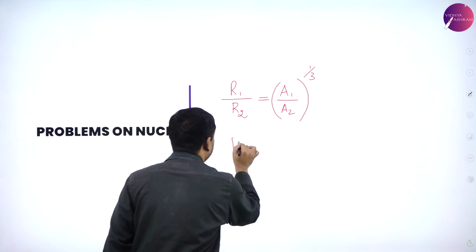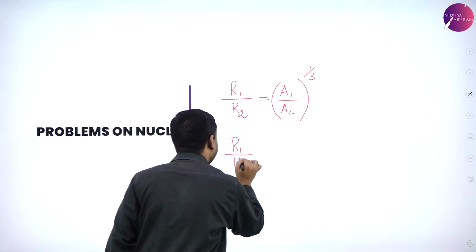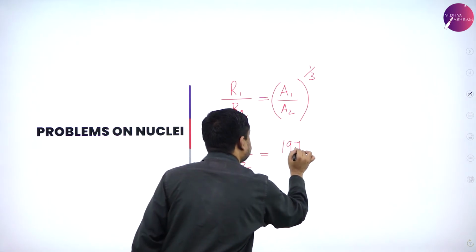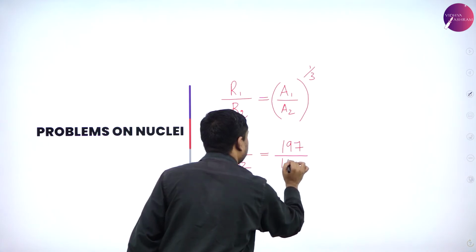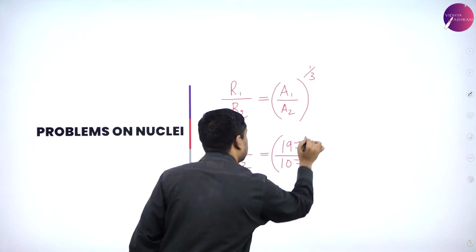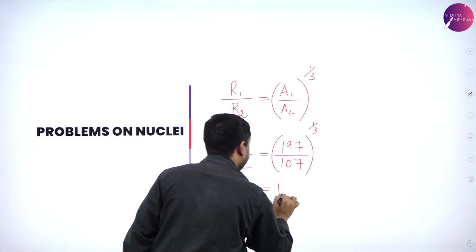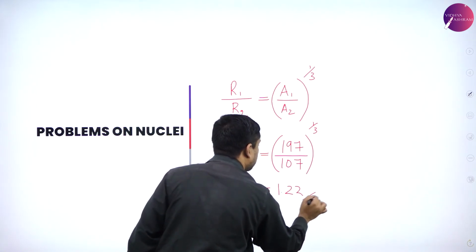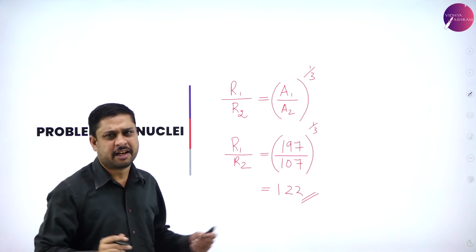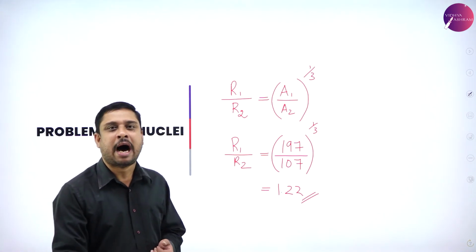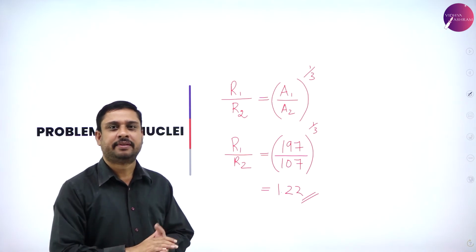So R1 by R2 is 197 by 107 cube root. So, when you simplify, this is 1.22, which is the answer. One mark question, feasible to appear in the exam.